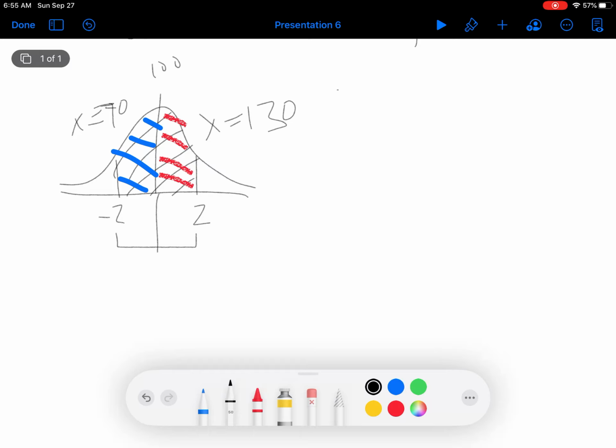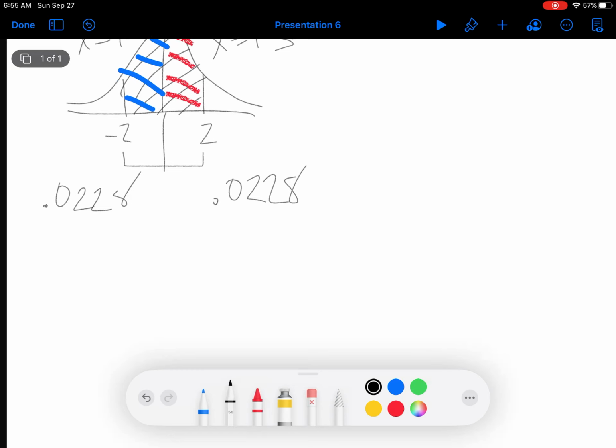So in some senses, we're subtracting, and in some we're adding, but in both cases, it makes sense once we draw it. Of course, we're adding. We're trying to find this area on the left plus the area on the right. So we'd find our proportion for the area on the left, which we know equals 0.0228. And we'd find our proportion for the area on the right, which we know equals 0.0228. And then we're just going to add those together.